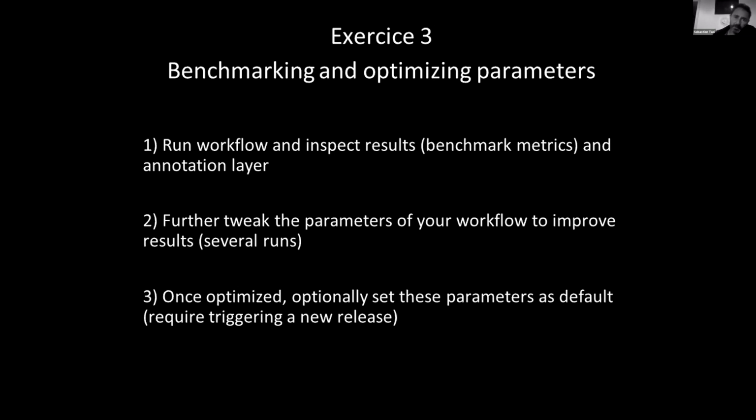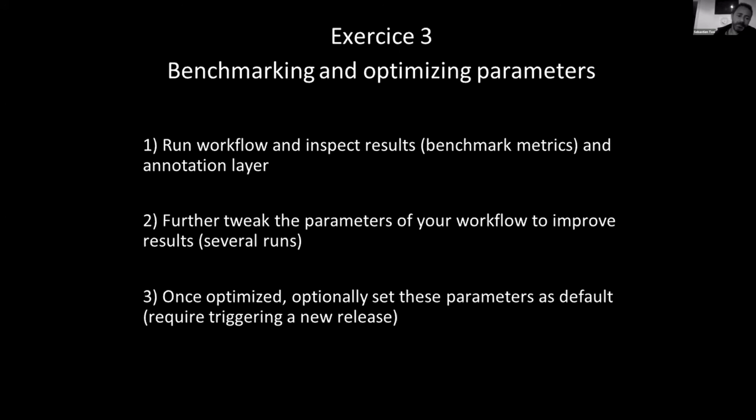It's actually something quite nice and fun, so I invite you to perform this once you get your code working. And once you optimize them, a good idea is probably to set these values as default values and to make the last release of your workflow with these optimized parameters.